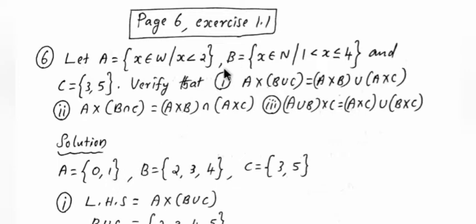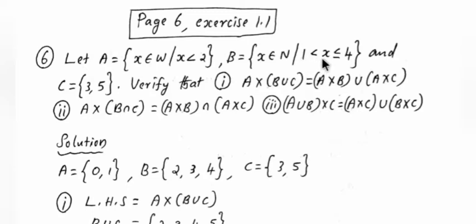Then B. B is equal to x belongs to N. N, we know, is the set of all natural numbers, that means 1, 2, 3, etc. But here 1 < x ≤ 4 is given. That means x is greater than 1.